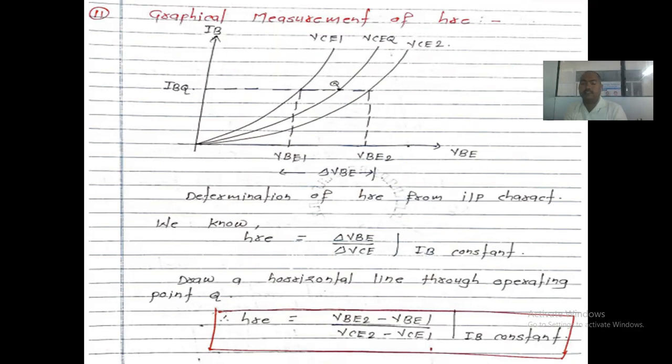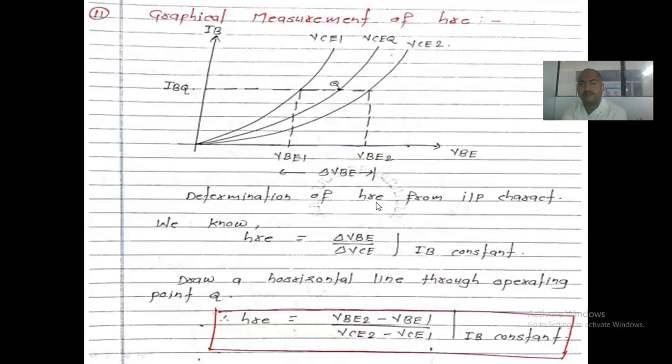How will a question be asked on this? Note that if it is delta VB by delta VC and IB constant, they will ask: when we have to vary the value of delta VB, which value should be varied, and they will give options. Note, you have VB and VC. If the question is: for the calculation of the graphical measurement of HRE, when we vary the value of VB and at the same time change the value of VC, which value do we have to take as a constant?